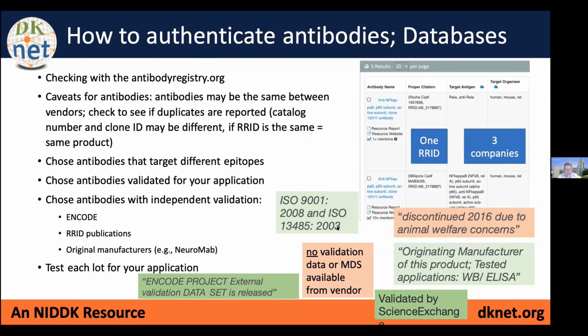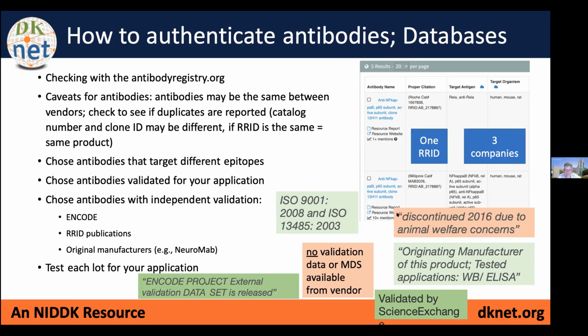And there are a number of types of information that you can pull from the antibodies. So for example, antibodies in the resource reports, so even if the same antibody is sold by 3 different companies, there's one RRID to track that same antibody across those companies.